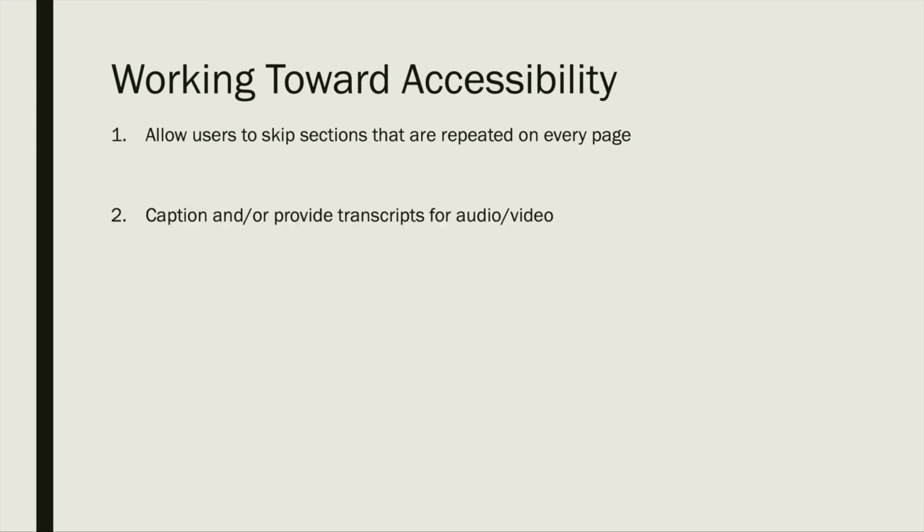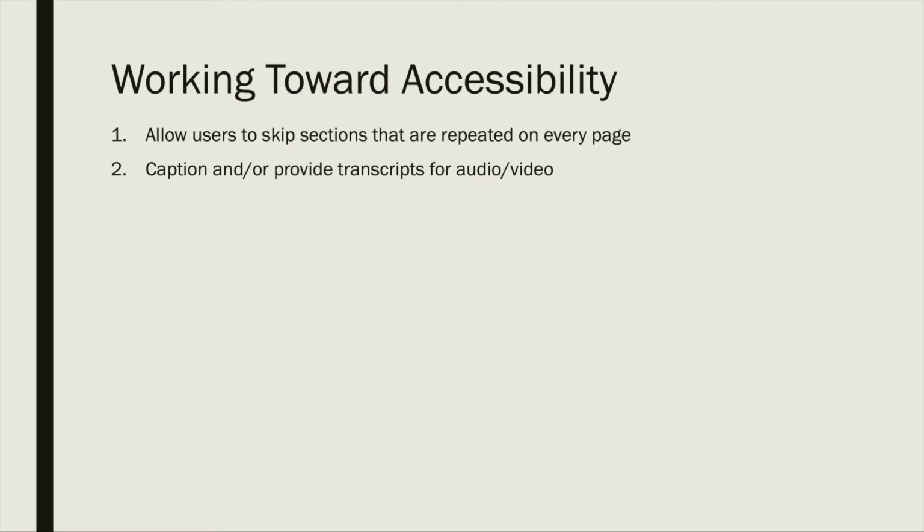Now, working towards accessibility, you have a few items, including these 11 steps, to make sure that the items you're developing can actually be accessible. First, you want to allow users to skip sections that are repeated on every page, such as the heading, the navigation, and maybe even some contact information. You want to provide captions and/or transcripts for audio and video segments.